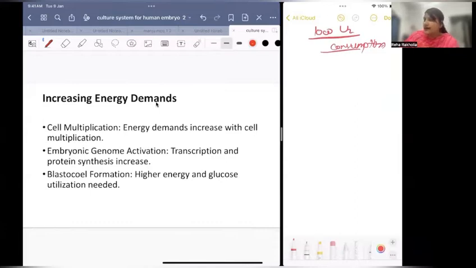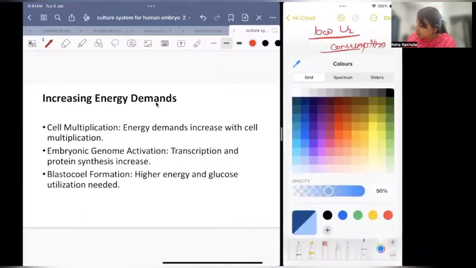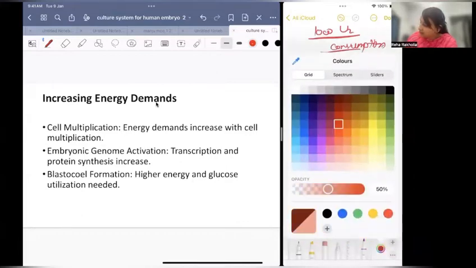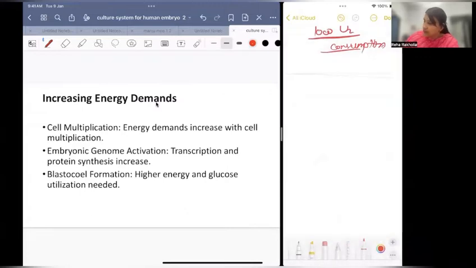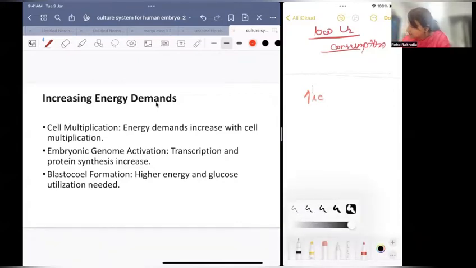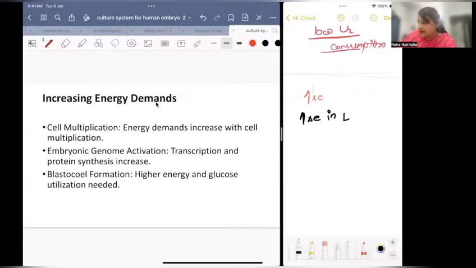Okay, there is an increase in the energy demand.